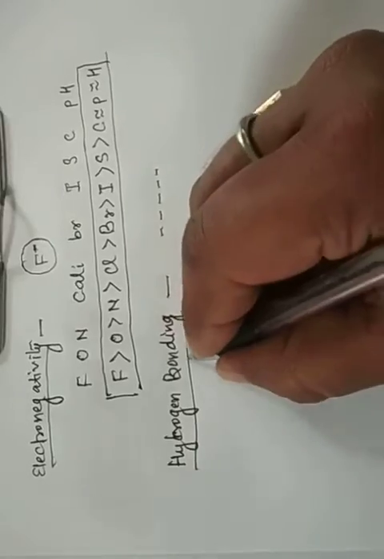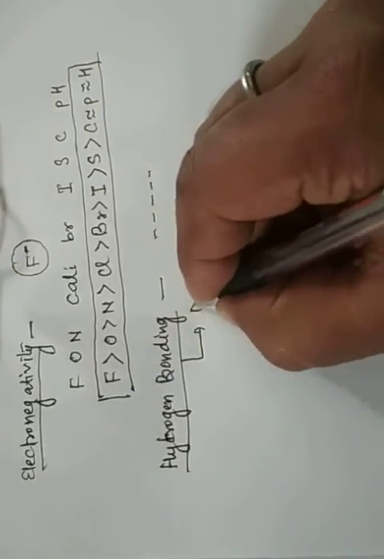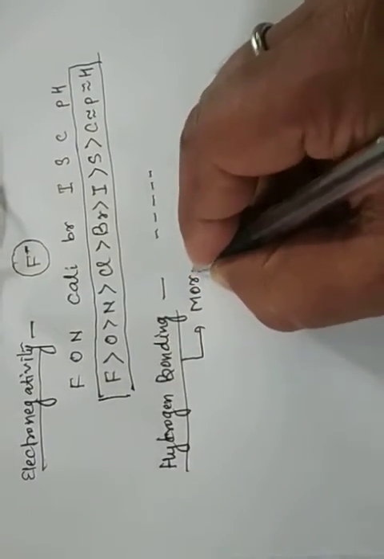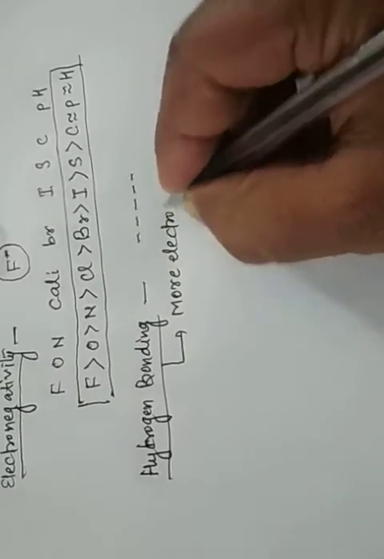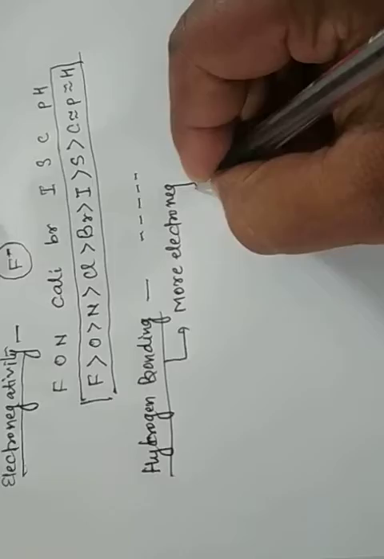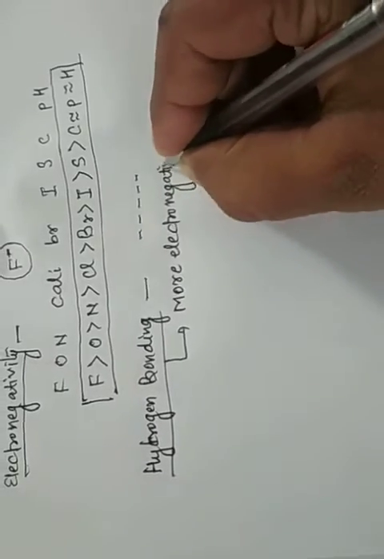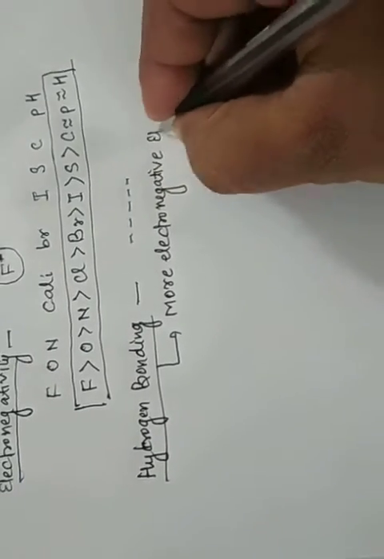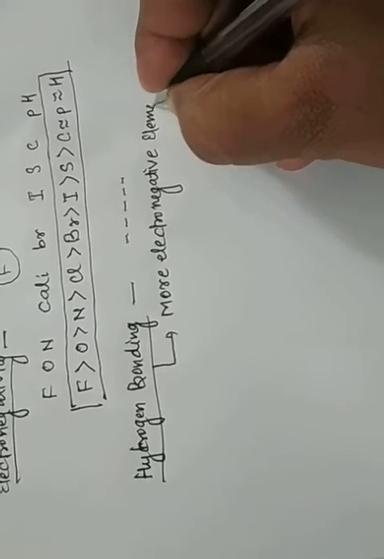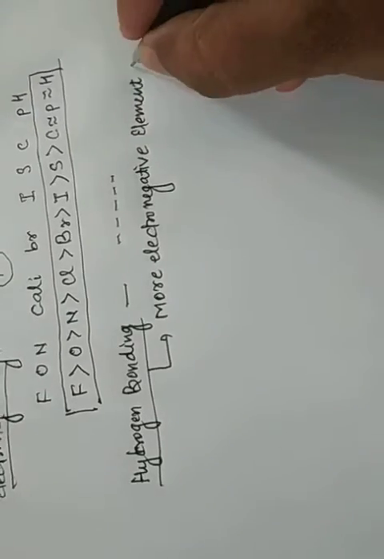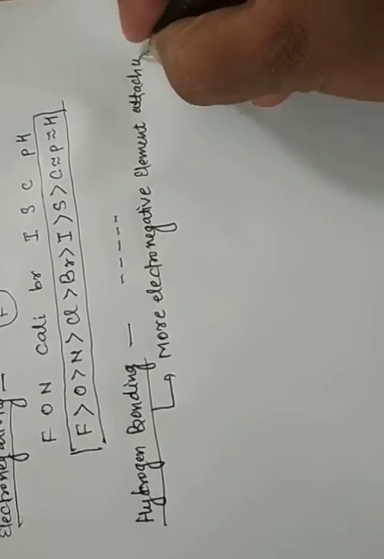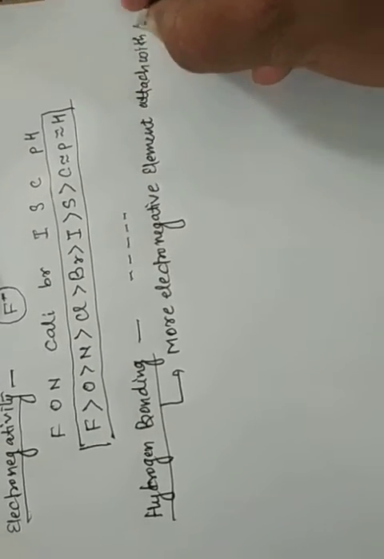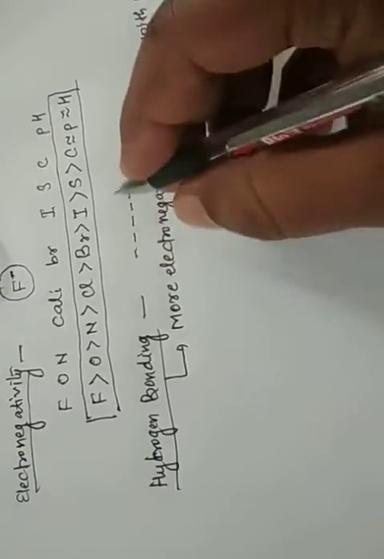It means a more electronegative element is attached to hydrogen with a dotted line. Clear?